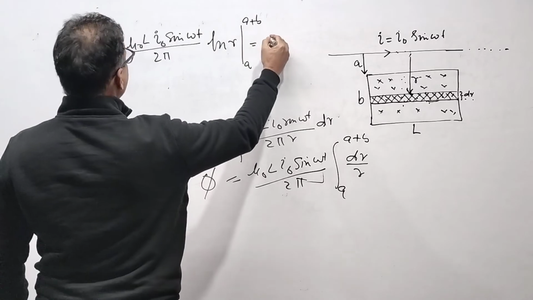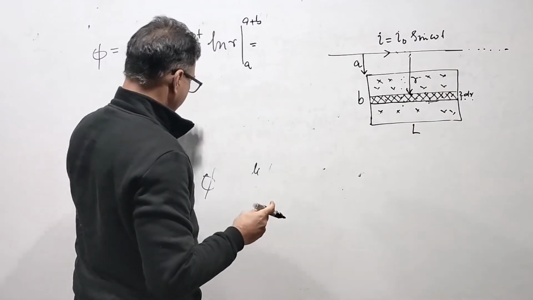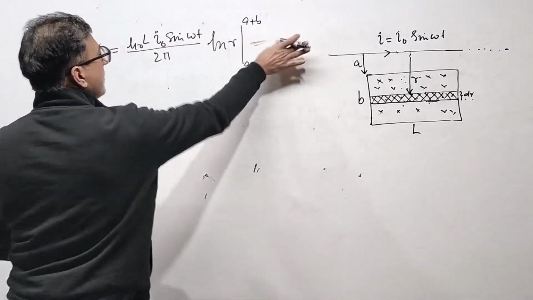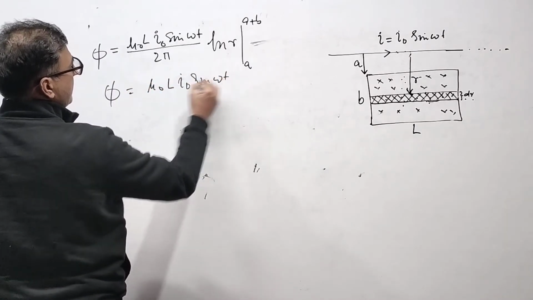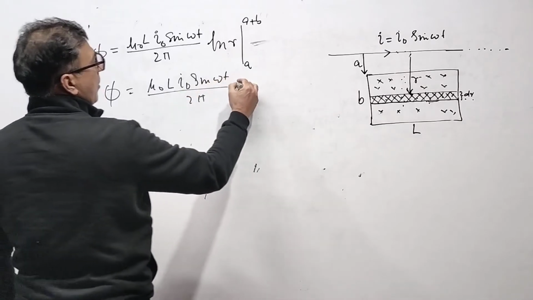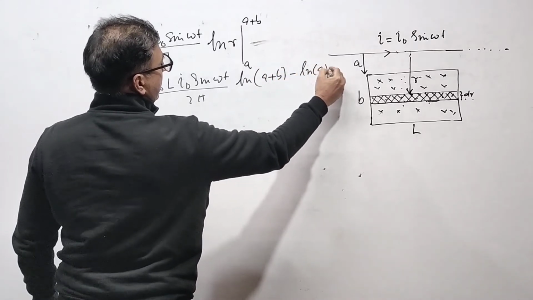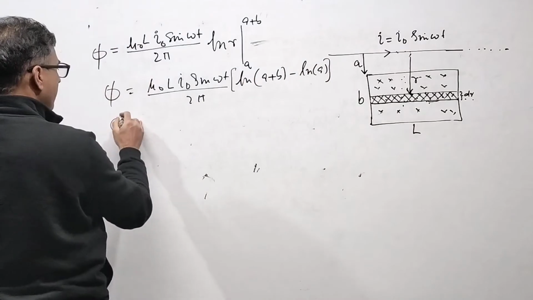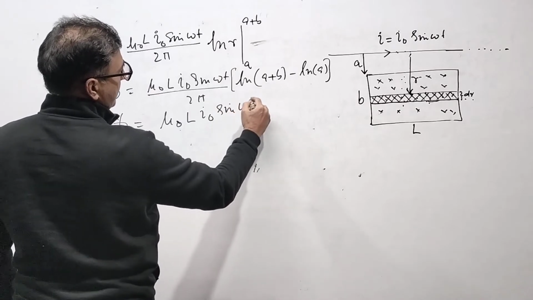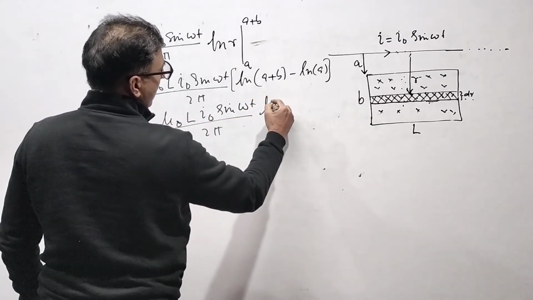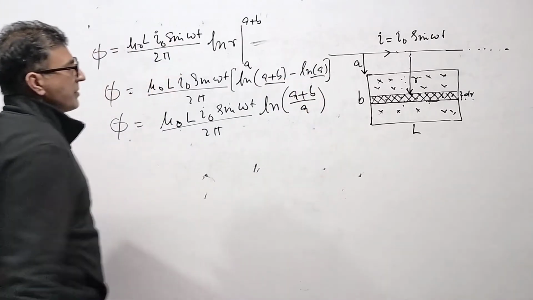That will be equal to phi equal to mu 0 L I0 sine omega t divided by 2 pi, ln of a plus b minus ln of a. This will be phi equal to mu 0 L I0 sine omega t divided by 2 pi ln of a plus b divided by a, as per the rules.